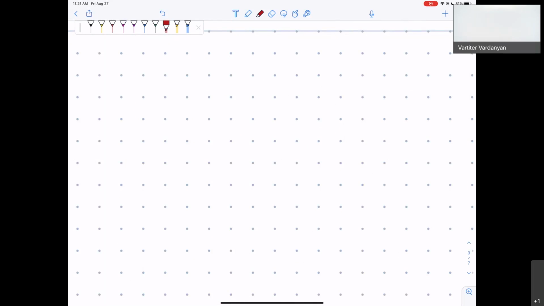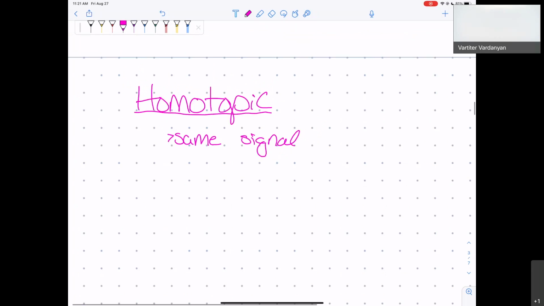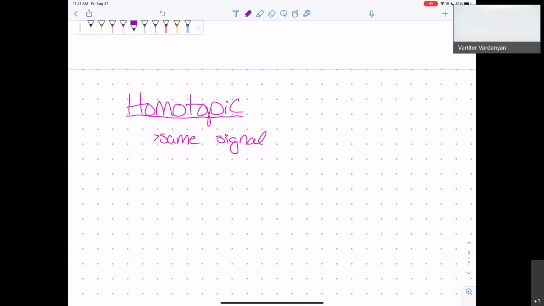Okay, so let's start with homotopic. What's that mean? Exactly. So you can kind of tell by the name homotopic, they are the same signal. And the opposite of that would be heterotopic, which would be different signals.